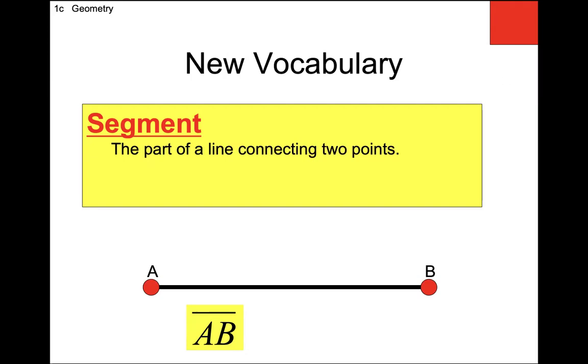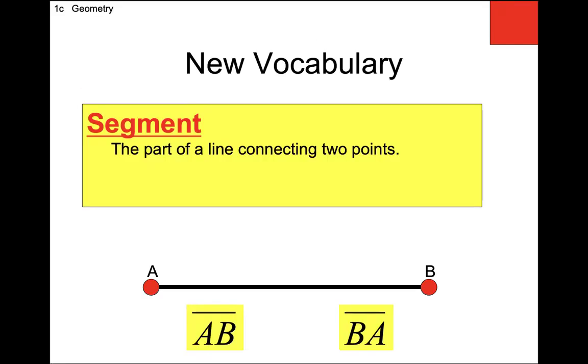Could you not have started with B? I could, as long as I use the two endpoints. So here are two different names for the same specific segment, either segment AB or BA. It's whichever one you want. And if you're writing it in words, notice there's the symbol. If you're writing this with words, segment AB.